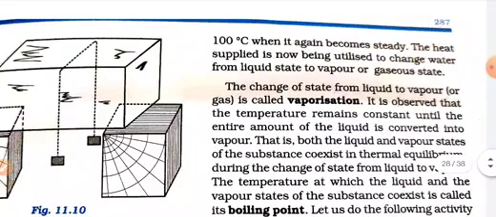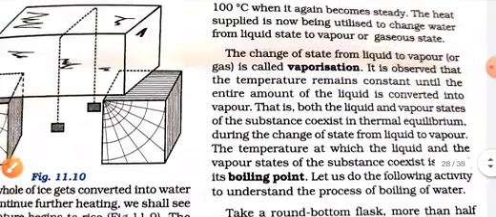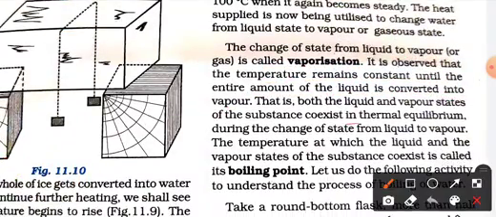So the change of state from liquid to vapor or gas is called vaporization, and it is observed that the temperature remains constant until the entire amount of the liquid is converted into vapor. That is, both the liquid and vapor states of the substance coexist in thermal equilibrium during the change of state from liquid to vapor, same as when we were changing the state from solid to liquid.